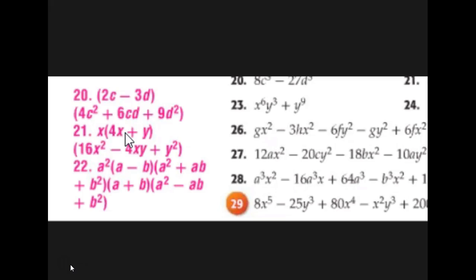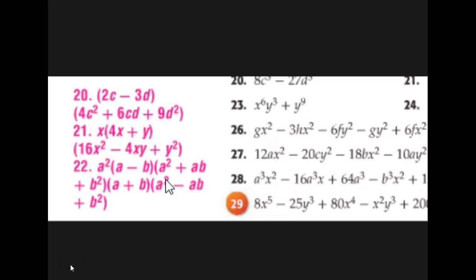21 was a sum of cubes with an extra x. So to take out an x, and then you had to take 4x plus y, and then do your sum of cubes for the squared part. In 22, you took out a GCF of a squared, and then that left you with a sum of cubes and a difference of cubes.